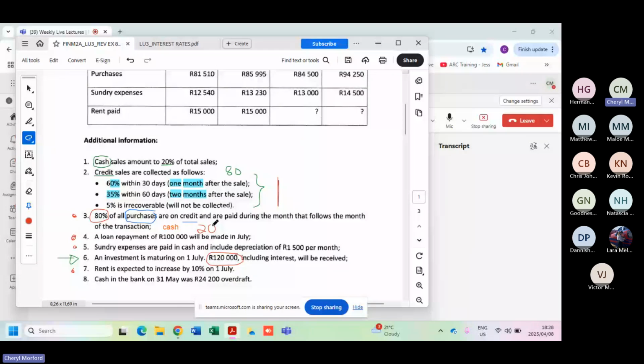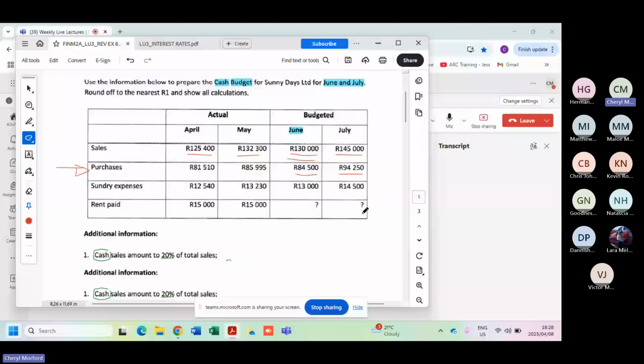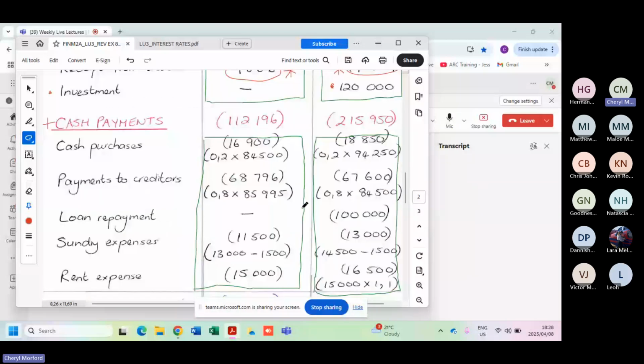We're going to look here. Here are the purchases values in the actual info. Right, so I'm going to simply find for June, for cash purchases, 20% of the 84,500. For July, 20% of the 94. Let's get those numbers sorted out. Remember, here's my working, the 20% and the 20%.